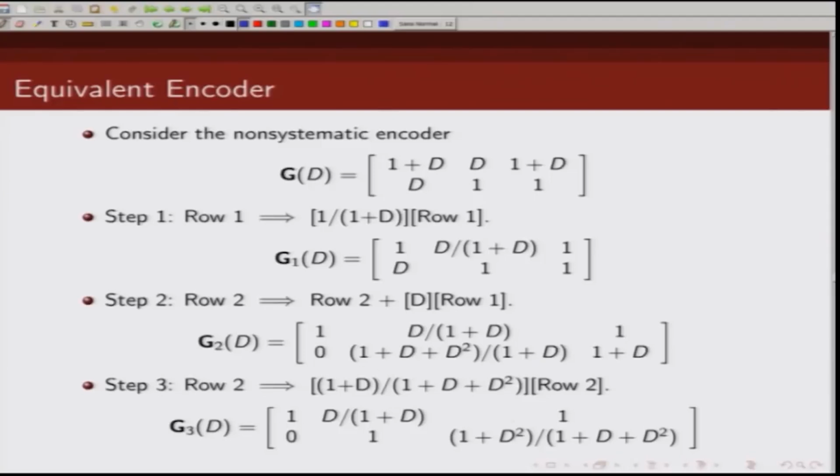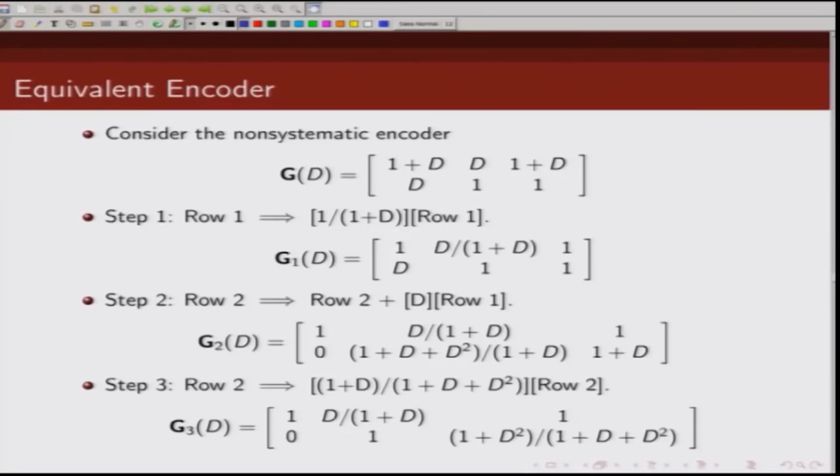We leave the first row unchanged. Here 0, if we multiply by this, does not change. If we multiply this by this, we get a 1 here, and here we get this term. So, now what we have got so far is a 1 here, a 0 here, and a 1 here. Now, what else is remaining?